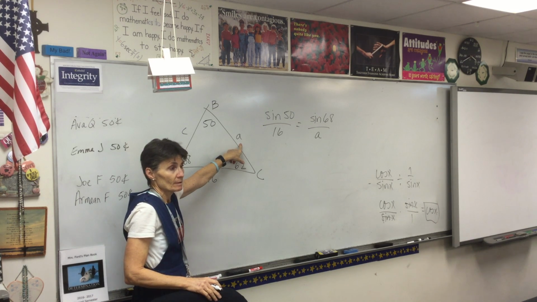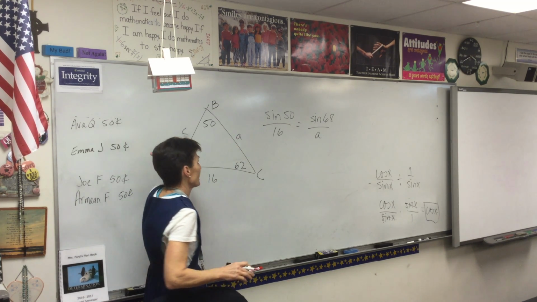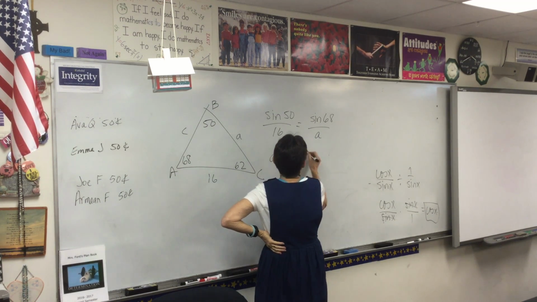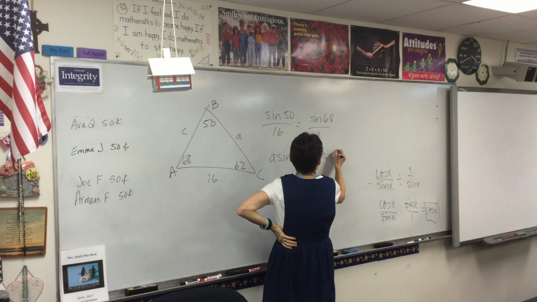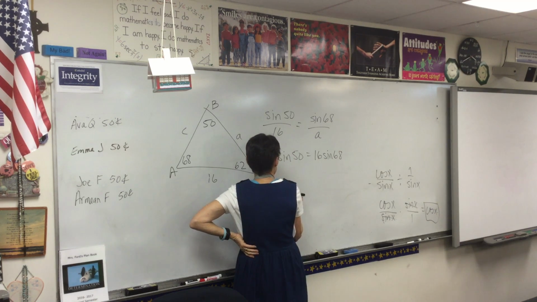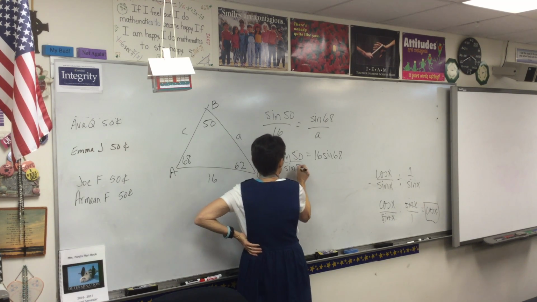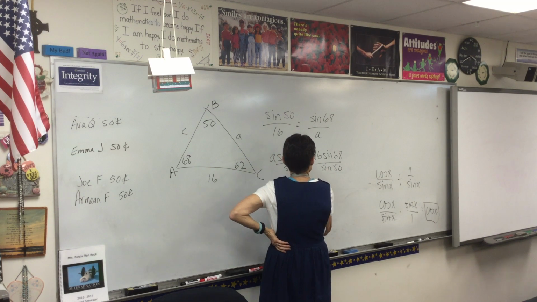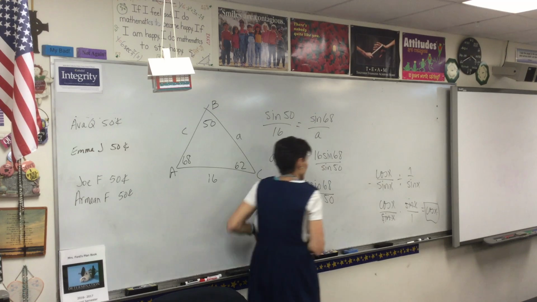So make sure that goes in the A blank when we get an answer. So A sine 50 equals 16 sine 68. What am I dividing by? Sine 50. So 16 sine 68 divided by sine 50.